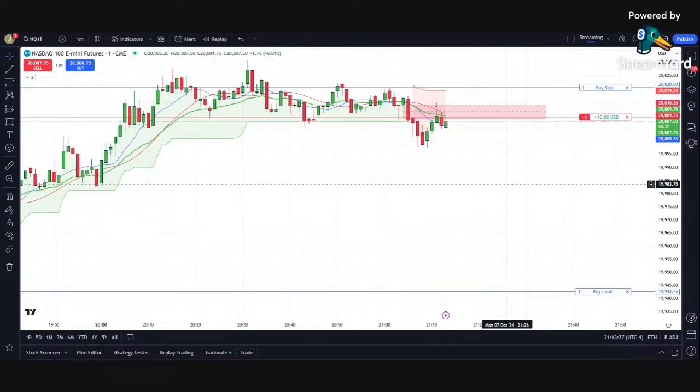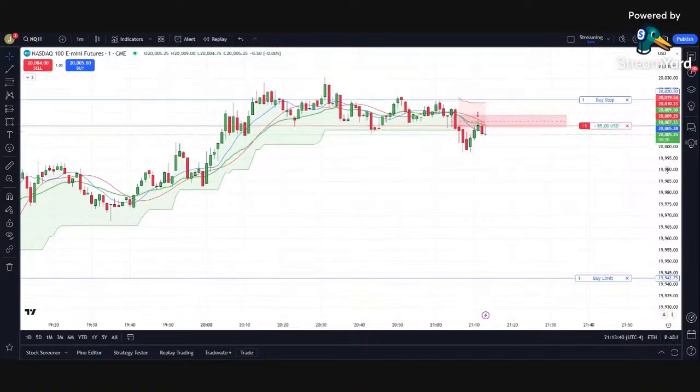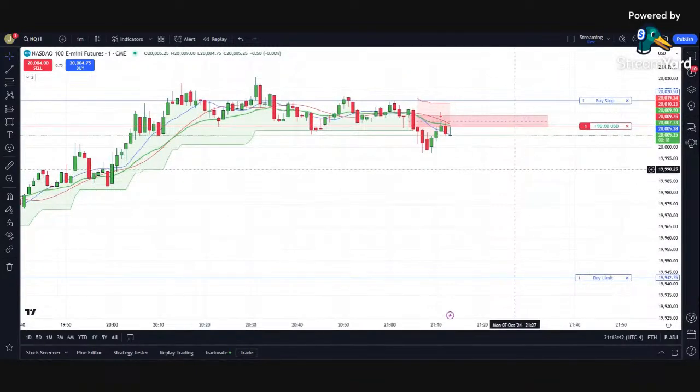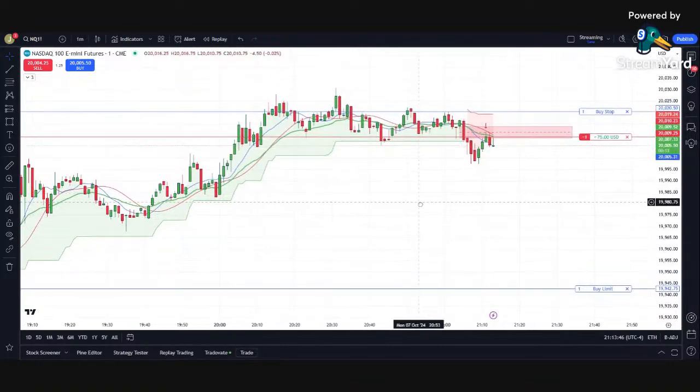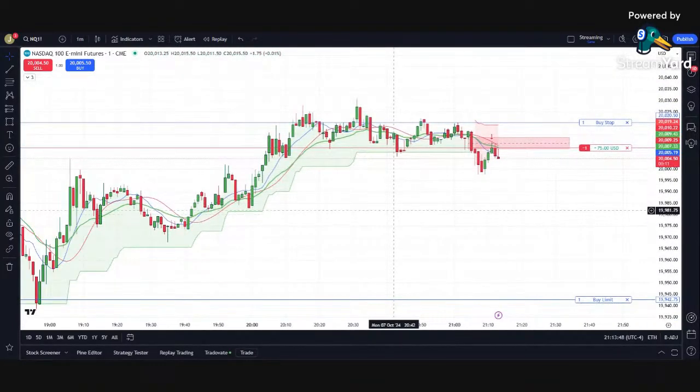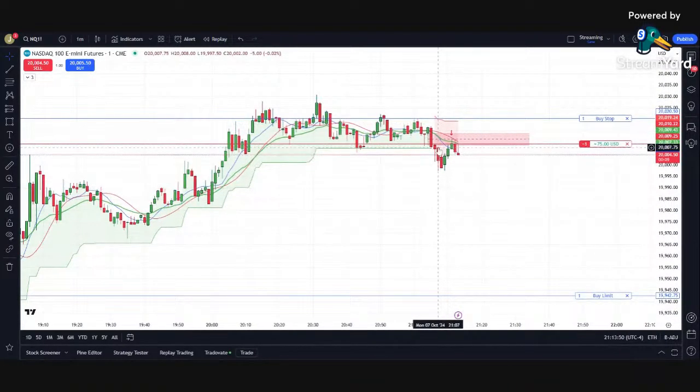But the only thing I really don't understand in ICT is how to catch liquidity. I've been trying to practice liquidity grabs. I think the concept of liquidity is maybe more about support and resistance. I'll show you an example. If this is an ICT trade, this is the liquidity graph here.